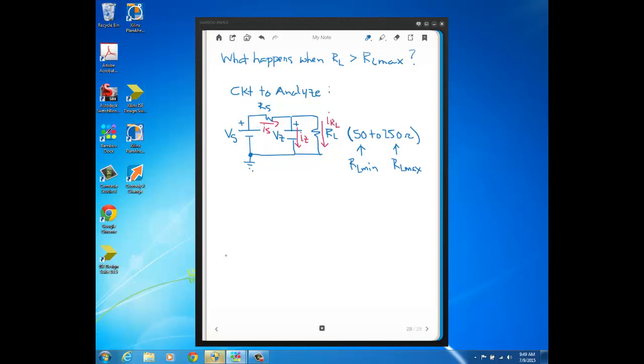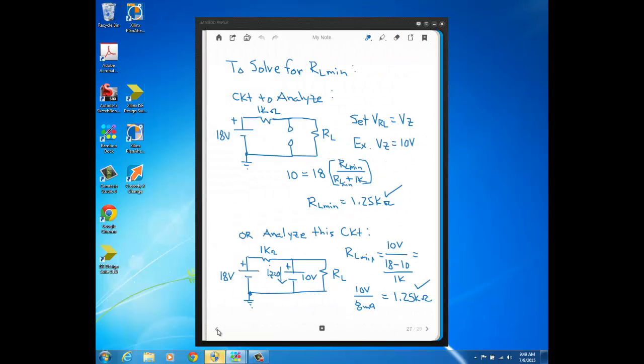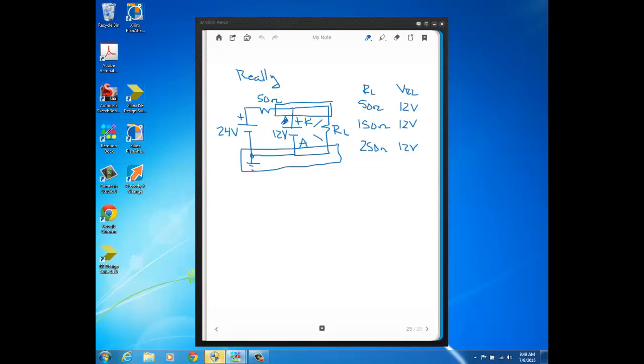And it should be clear from previous discussion that the issue on the higher end of the range is not one of voltage regulation, that we will still get voltage regulation, because if you remember previously we saw that within the range the Zener diode is always conducting, and as the load resistance is greater, we get more reverse bias volts than the minimum we need in order to get the Zener to conduct.